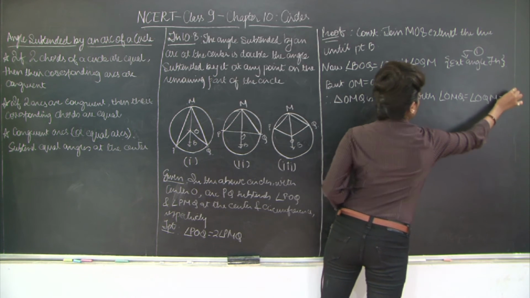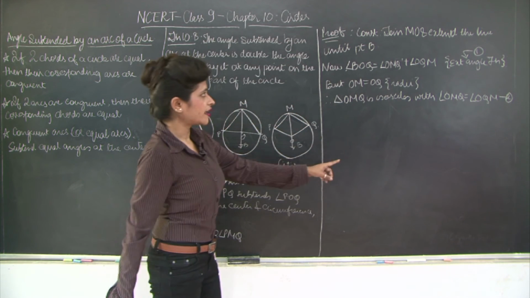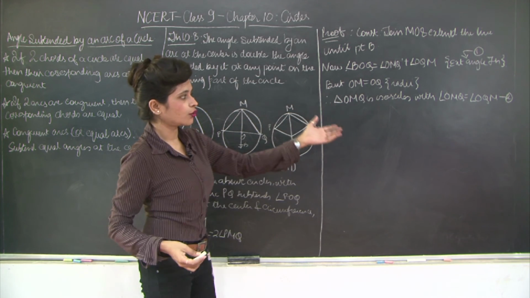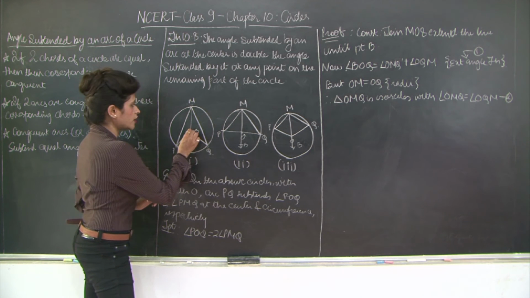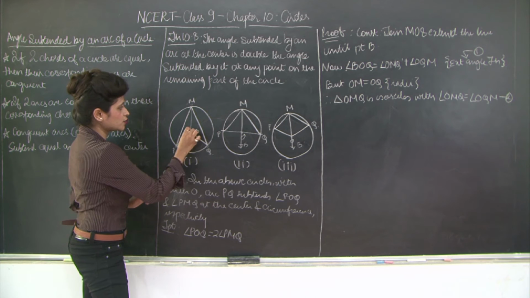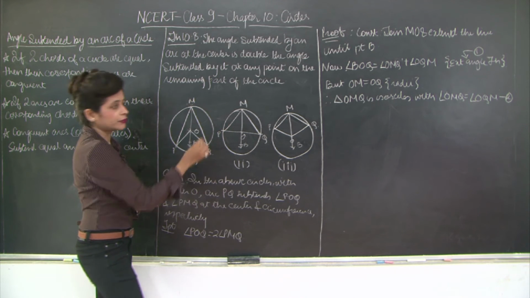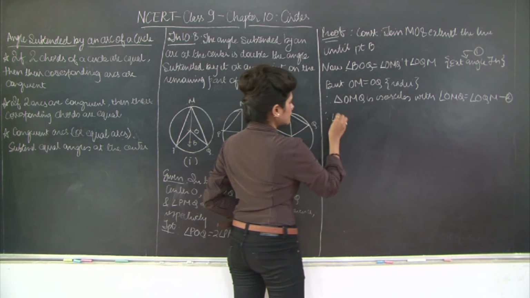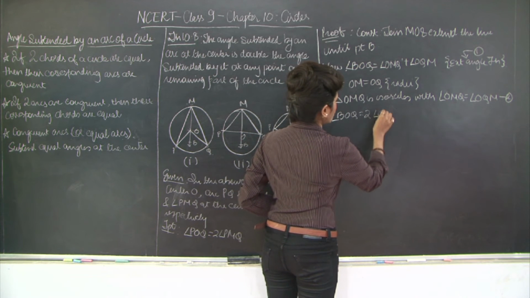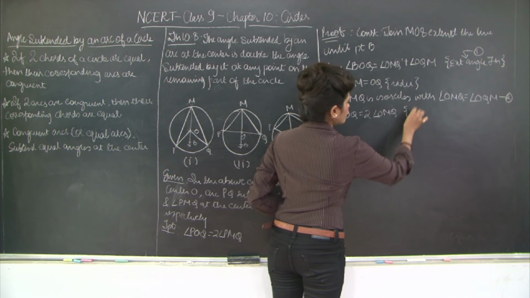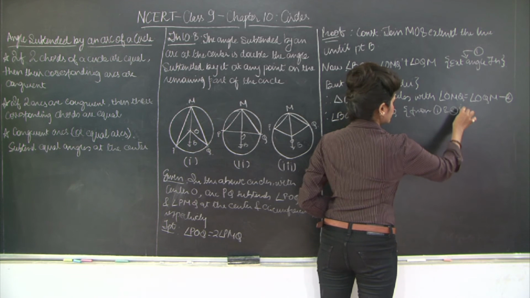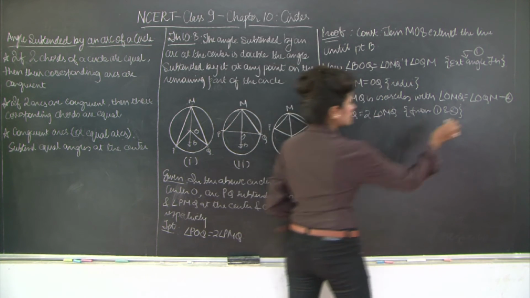Let's mark this as 2. So from 1 and 2, what can we write? That angle BOQ is twice of either OMQ or OQM. But since we need to prove that this angle is twice this angle, we are going to take into consideration twice of angle OMQ. Therefore, angle BOQ is twice of angle OMQ from 1 and 2. Correct? Let's mark this as 3.